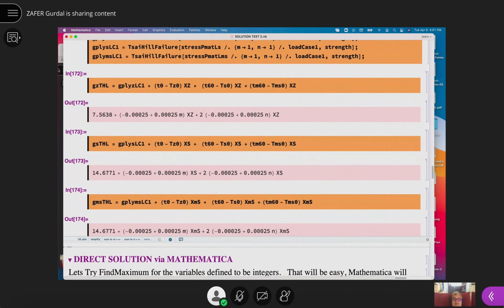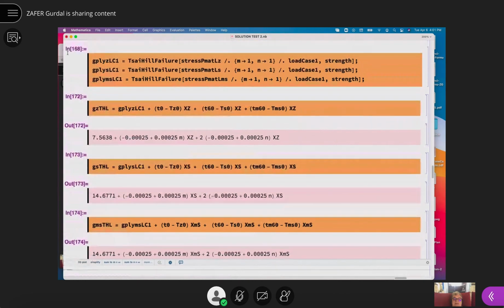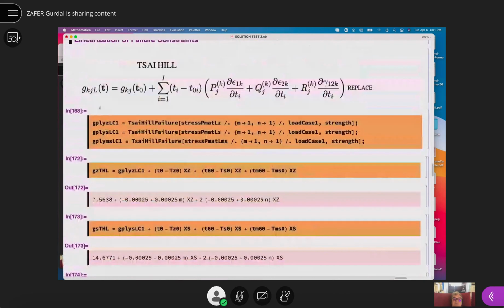That the derivative, these are the linearization of the Psi-Hill constraint. So this part, Psi-Hill numbers at the base design, which are evaluated here. This one, and this one, with respect to each of the thickness variables.